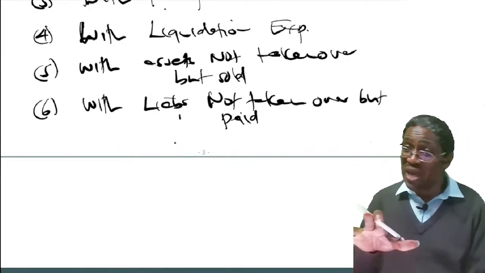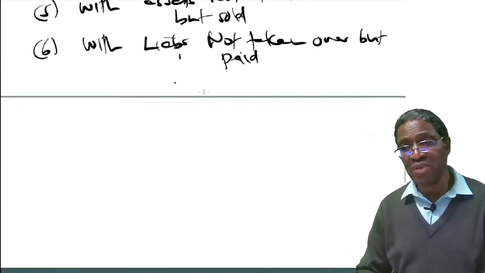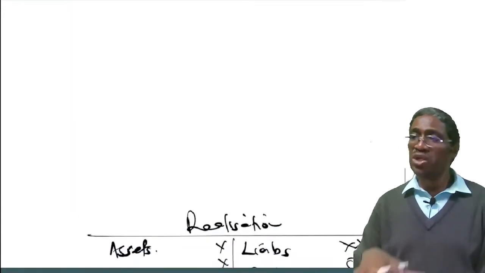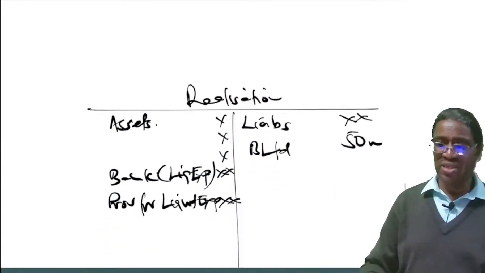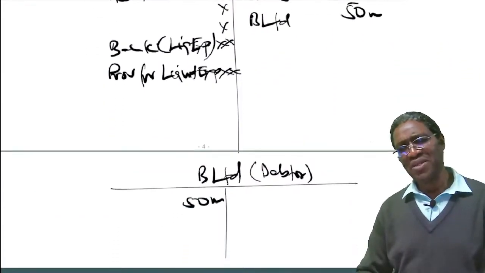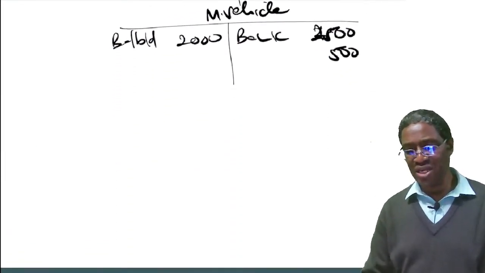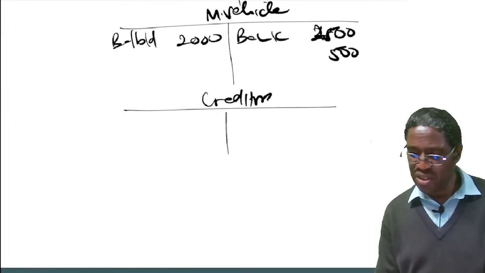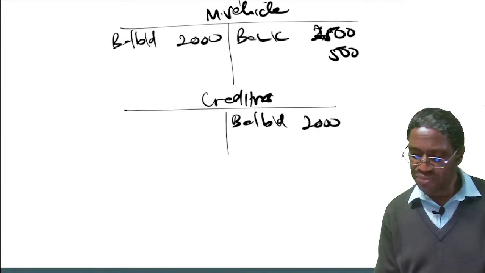Of course you will debit the liability. Don't forget, liabilities are always a credit balance, and therefore you will credit bank and you debit the liability. Let us assume that the liability is creditors, and that the creditors liability amounted to 2 million.